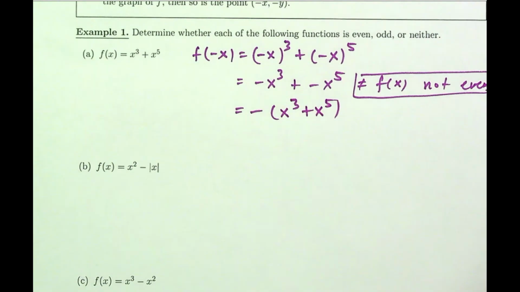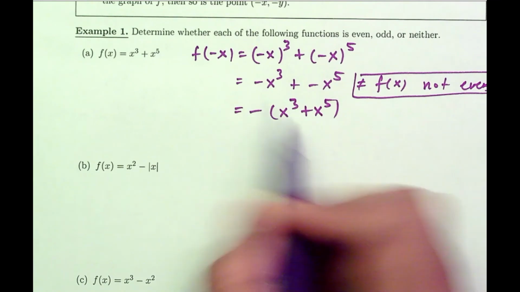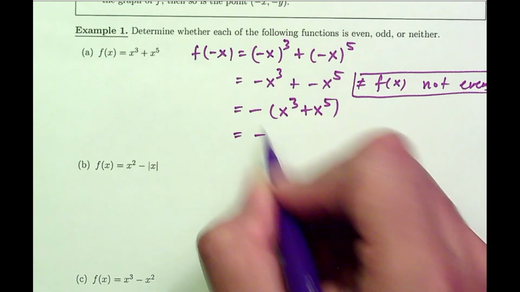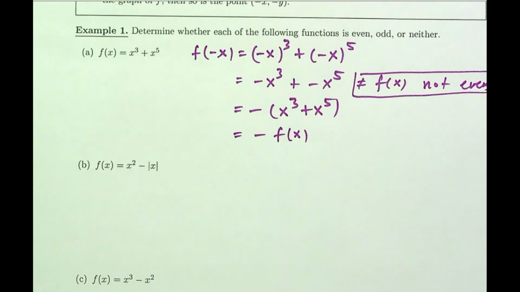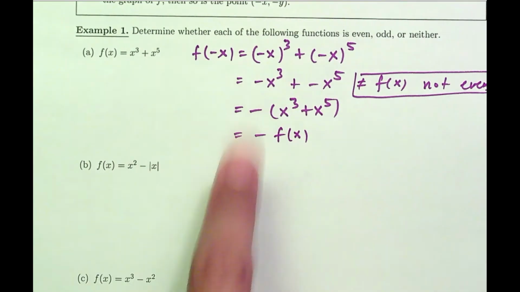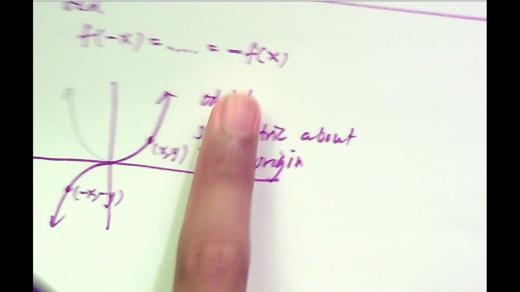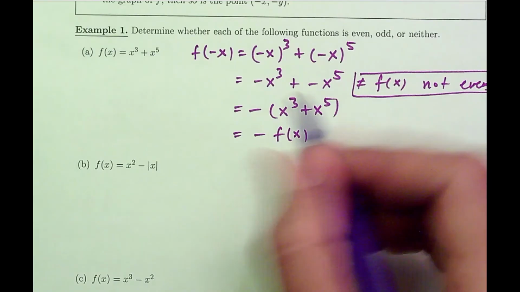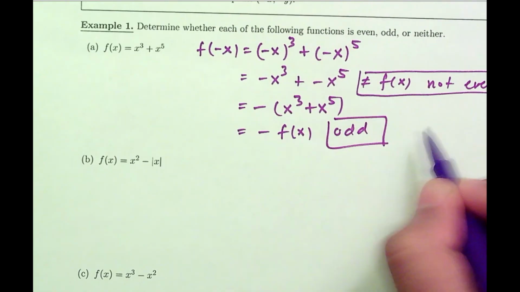And note that what is inside the parentheses is actually f of x, so this is the negative outside, and this is f of x. So when I plug in negative x, I end up with negative f of x. That means the function is odd.